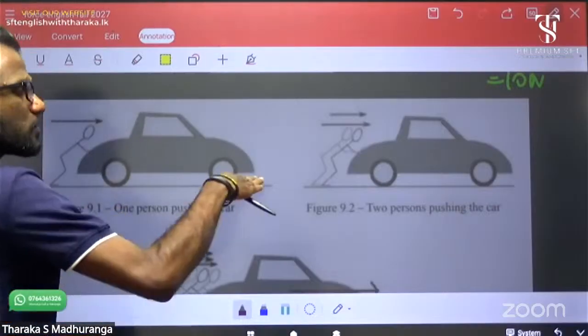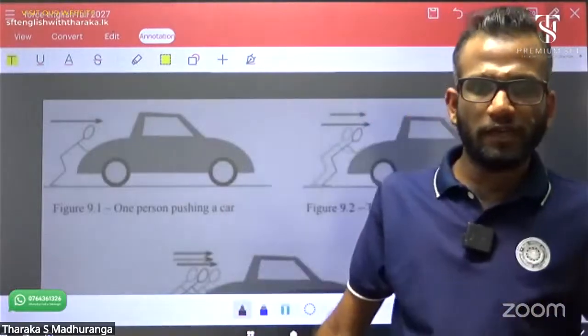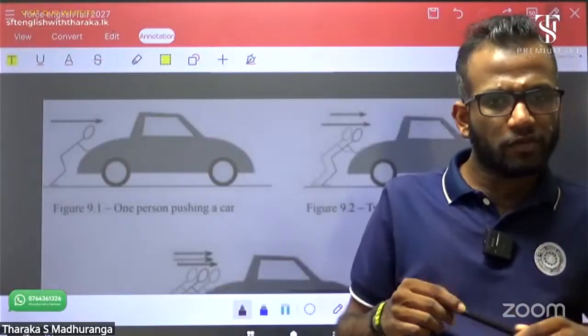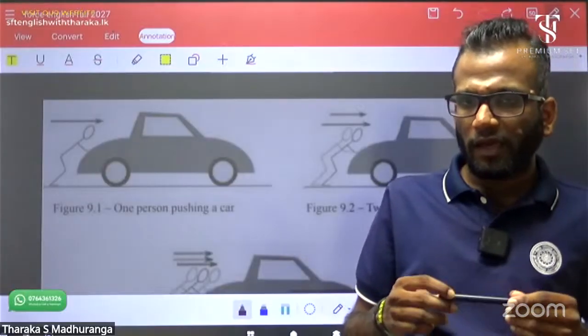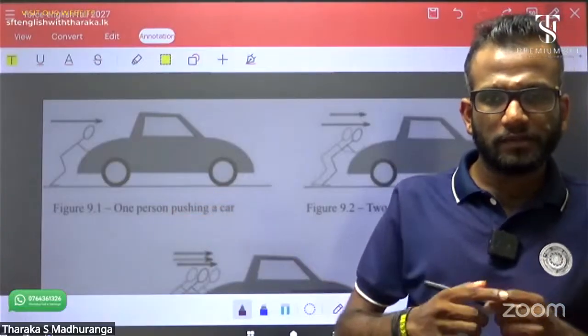Think it is a smooth road. On a smooth surface, one person pushing a car. What do you think, Dihini? Is it a force system or not? On a smooth road, smooth surface.